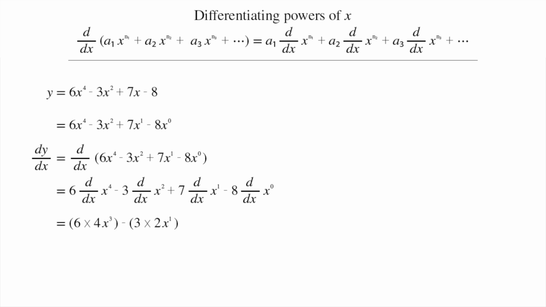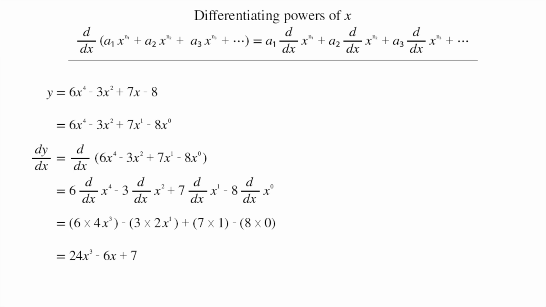This is the first two terms. For the second two, we can use the earlier examples. We get 7 times 1 minus 8 times 0. This equals 24x cubed minus 6x plus 7. The final term disappears since we multiplied it by 0, so this is our final answer.